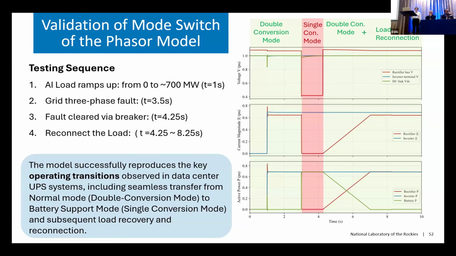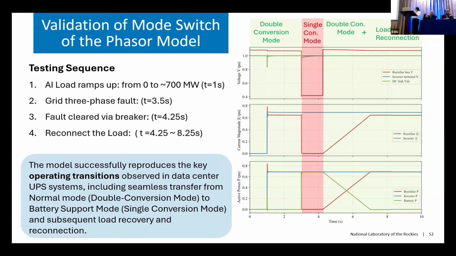So this looks like a simple simulation happening within 10 seconds. However, this helps us to test out how the UPS is operating from the double conversion mode, and when it sees voltage sag of around 0.4 per unit, it converts to the single conversion mode. The reactive power goes to momentary cessation, and the battery starts to serve the load automatically.